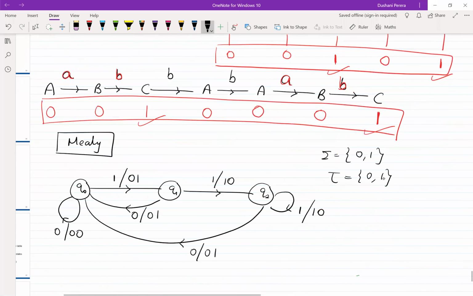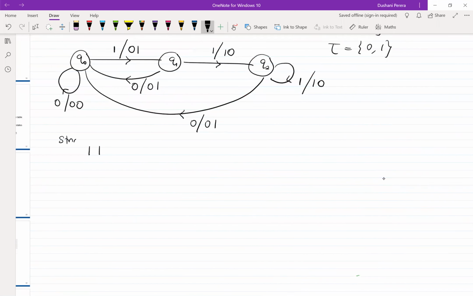Now here let's see what gets printed if your string is 1, 1. The string that you get is 1, 1. So you start from Q naught.